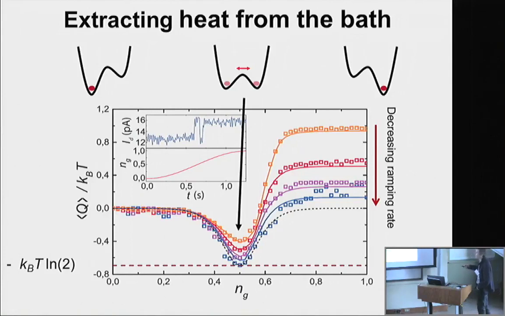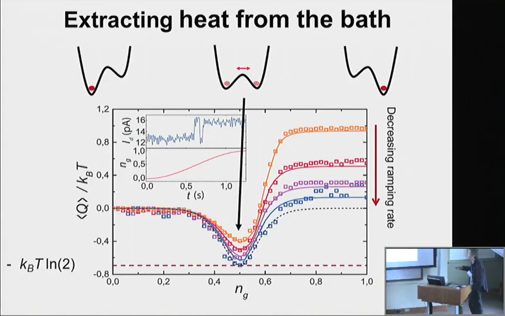So there's a negative heat production on the system. But then when you do it slower and slower, you find out that when you move the system from this sure charge state to the degeneracy, you have extracted about kBT logarithm of 2 of heat from the bath.